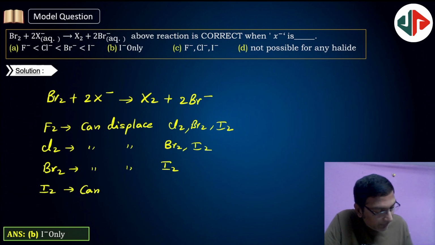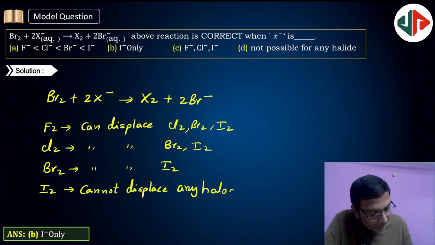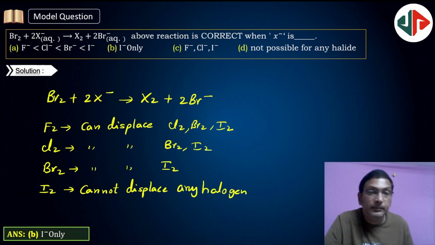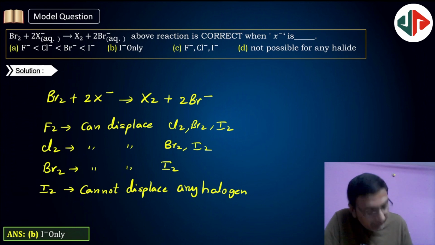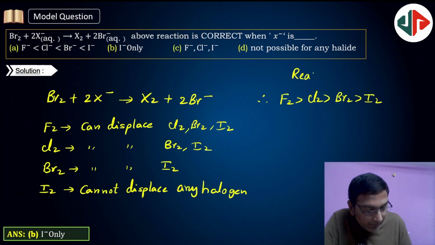I2 cannot displace any halogen. So therefore, reactivity order we can say F2, Cl2, Br2, I2. Reactivity.